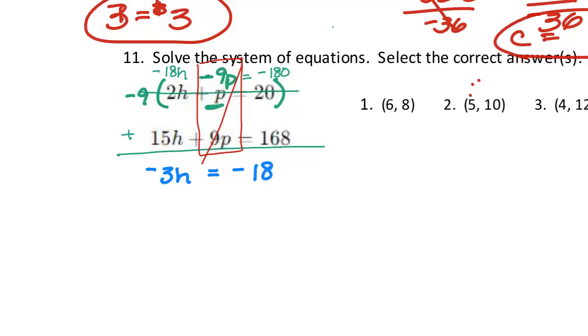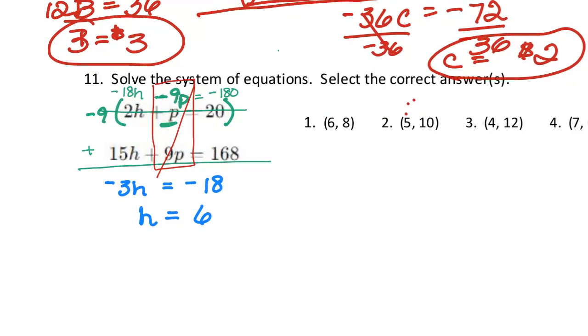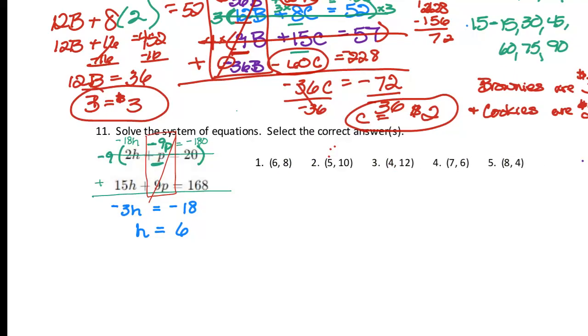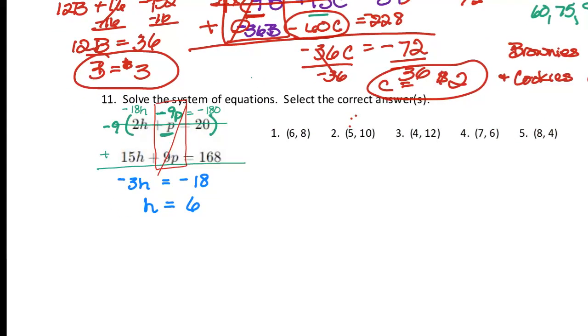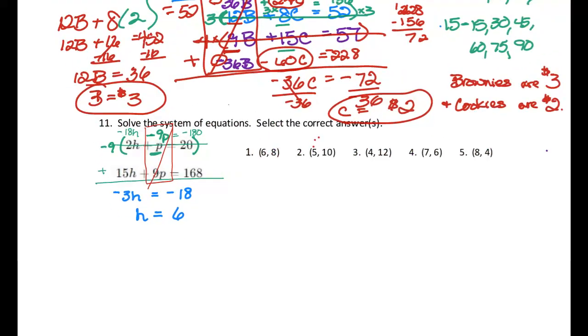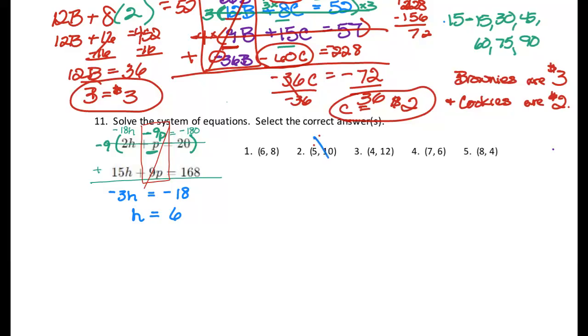Divide by -3, H is equal to 6. Now, H is equal to 6. You can eliminate some of these because there's no 6 in them. So we're down to 2 answers.